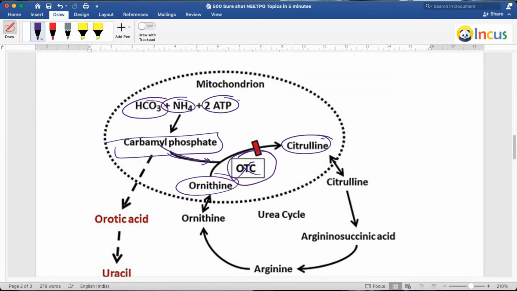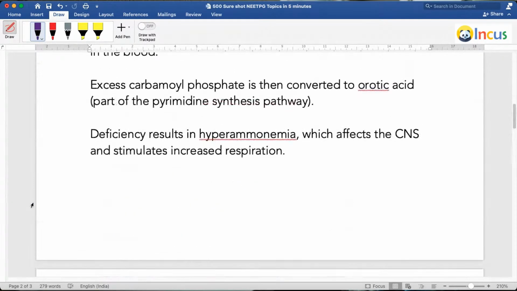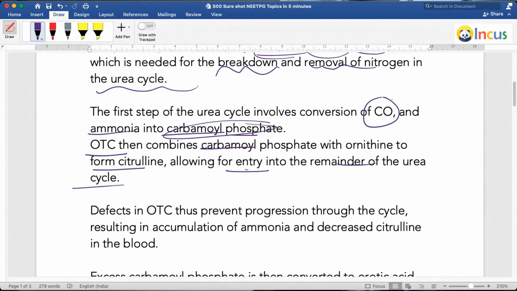Suppose if this is deficient, then the carbamyl phosphate cannot enter into the urea cycle. So all that carbamyl phosphate will get converted into orotic acid, and that leads to excessive amount of orotic acid. That is what you see in the laboratory.